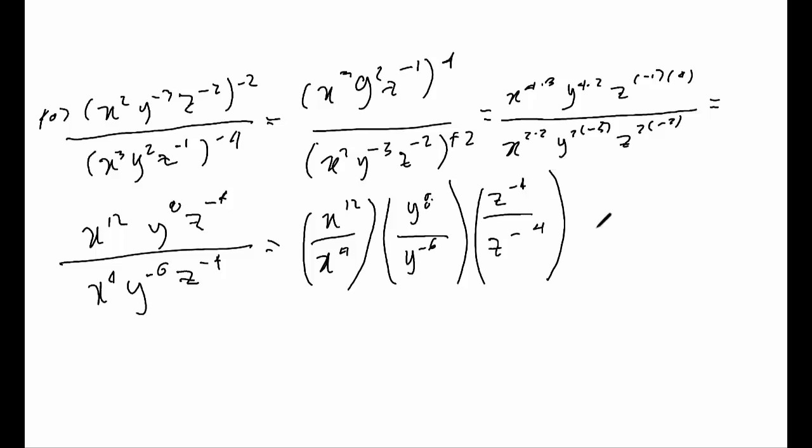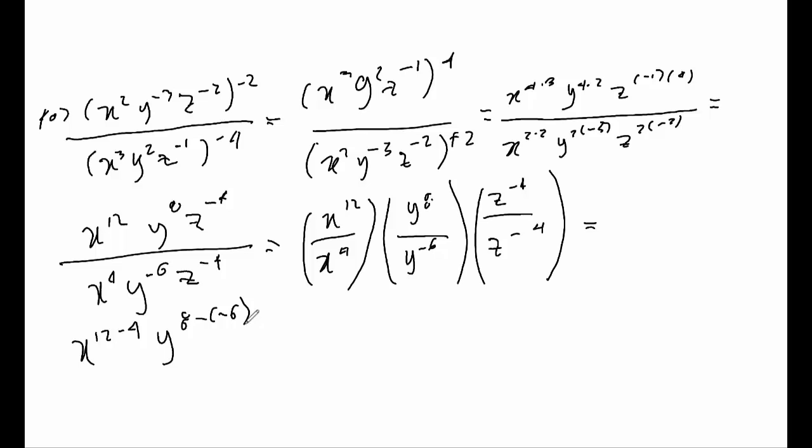so I have now, do each one separately, so I have x to the 12 minus 4, and I have y to the 8 minus negative 6.